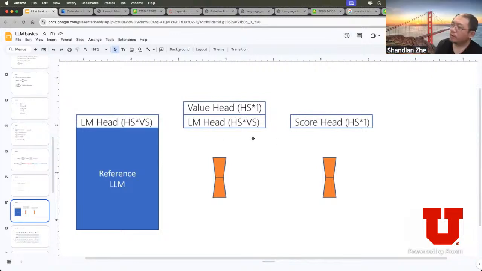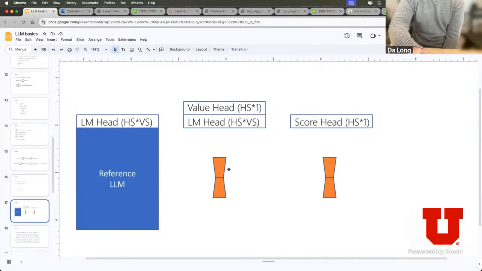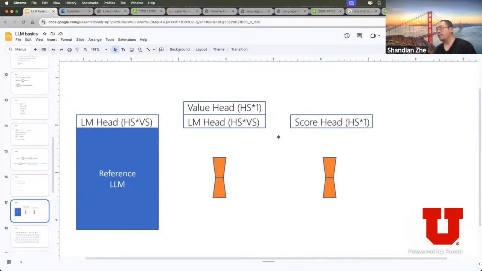So they pre-train a large language model, and then combine this LM head with a value head. You just need a value head, because the policy is within the large language model itself.